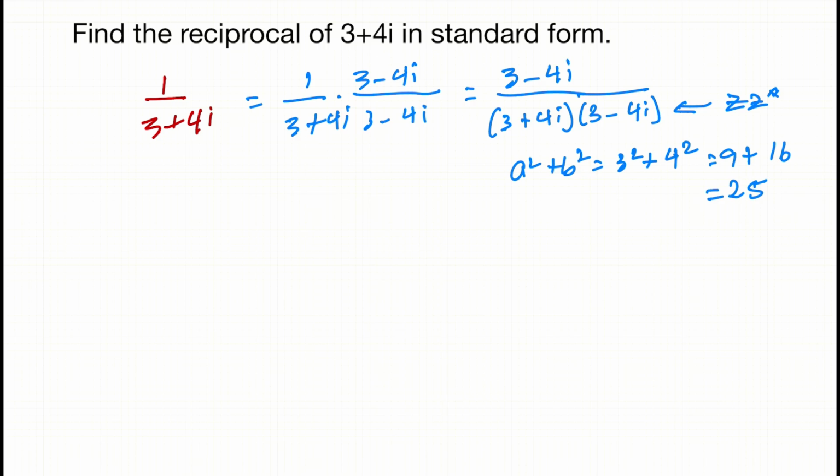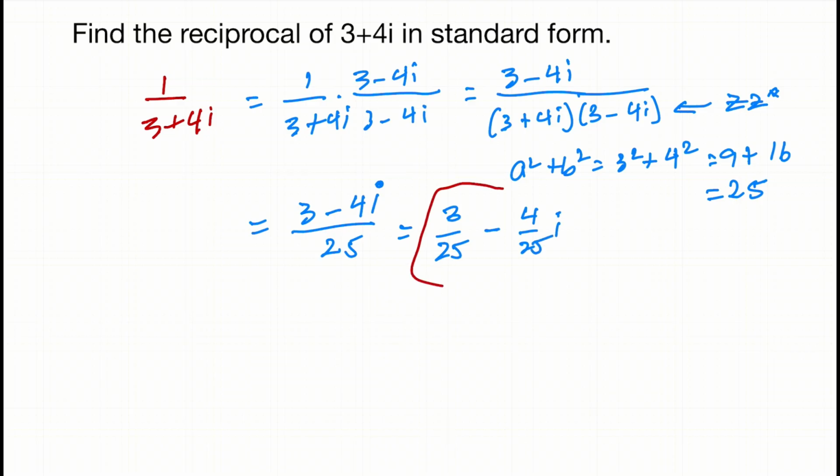So the denominator is 25. Now we get 3 minus 4i over 25. We can rewrite this as 3 over 25 minus 4 over 25 times i. So there's our answer.